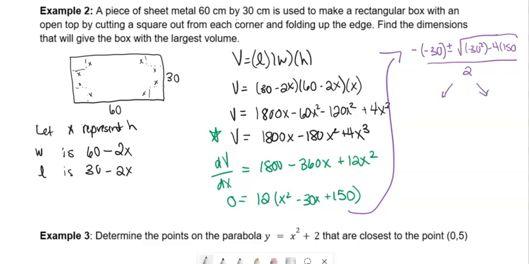And I'm going to put that in my calculator. I'm going to get two potential answers. One answer is 6.34, and one answer is 23.7.